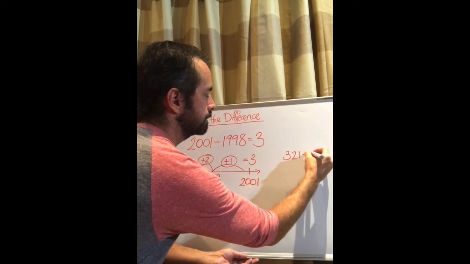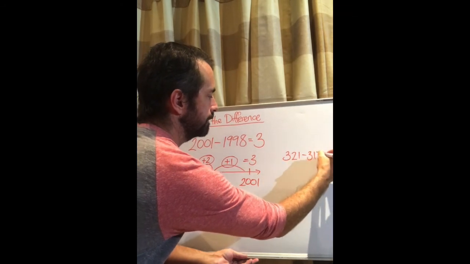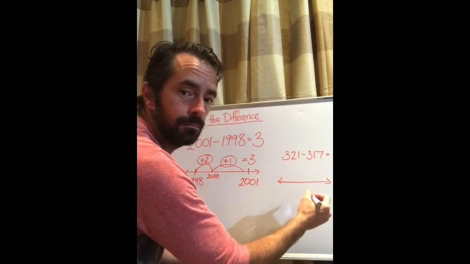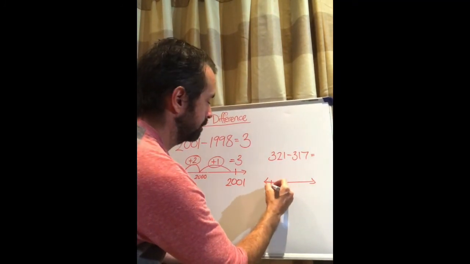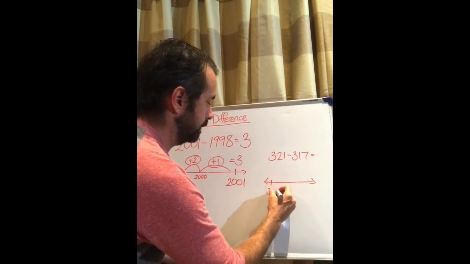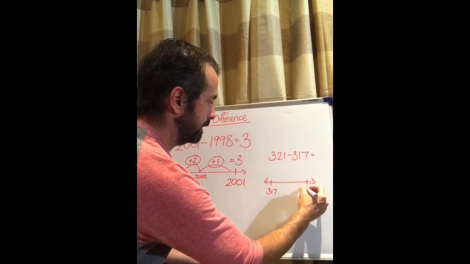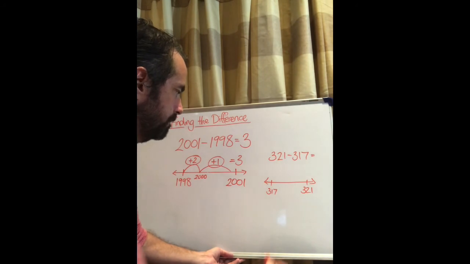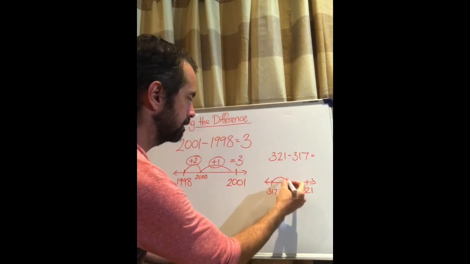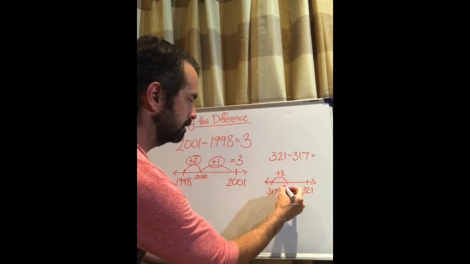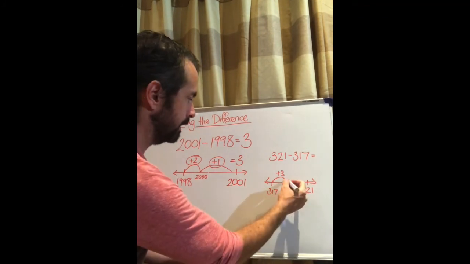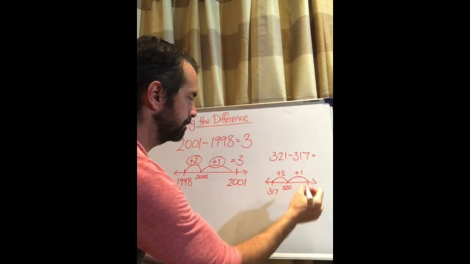For example, I'll give you one more. 321 take away 317. I put my smaller value there and my larger number over here. All right, and plus 3 to give me a nice round number, 320. Oh, there we go again. Plus 1.